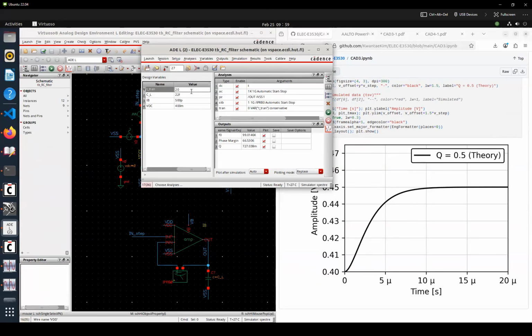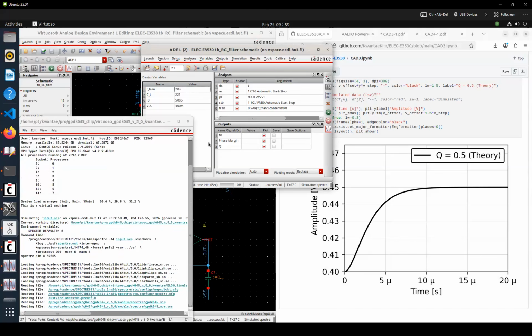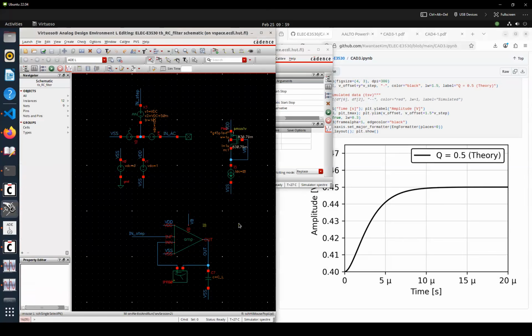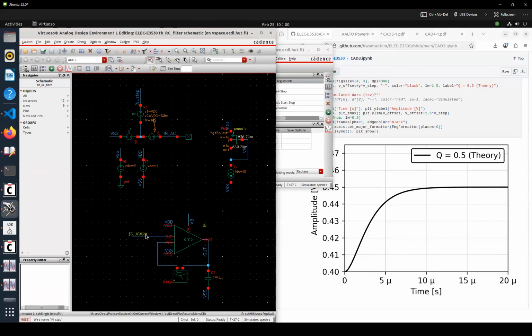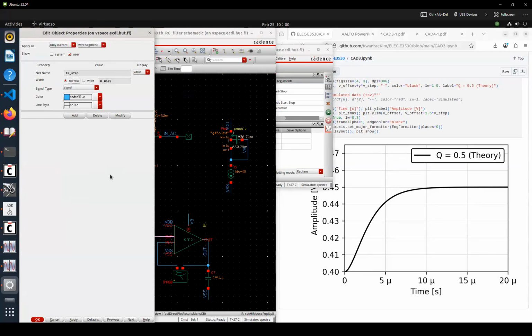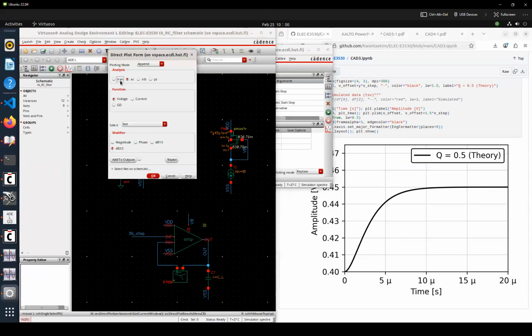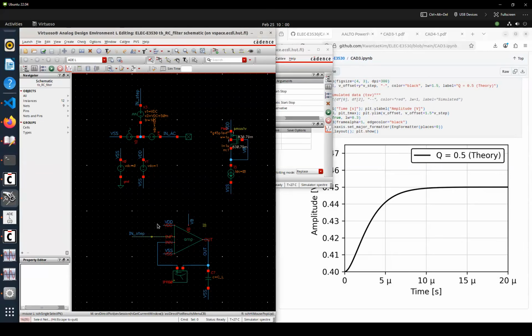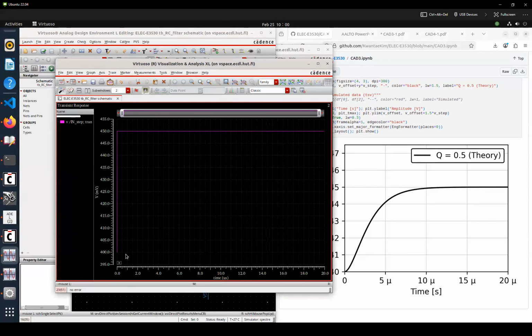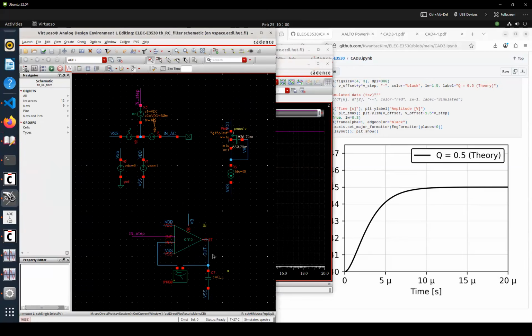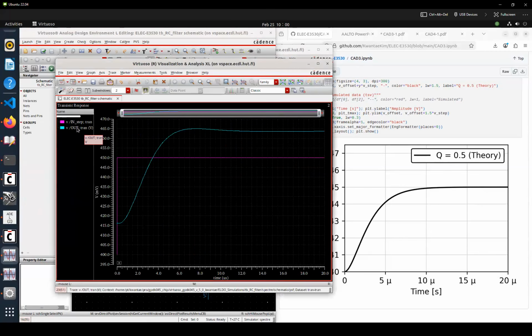So let's run 20 micro. And let's see what happens. Transient. Okay, so I applied a small step of 15 millivolt with the DC voltage equal to 400 millivolt. And the output is here.